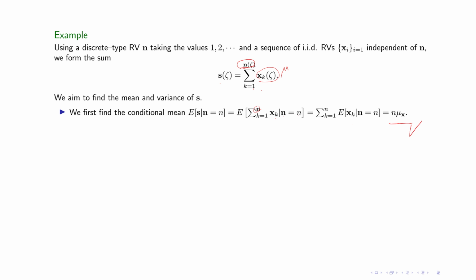Now this n becomes random, so I substitute the random variable and apply the mean over it. So the mean of S given n becomes the mean of n mu x. This is constant, so I get mu n times mu x.